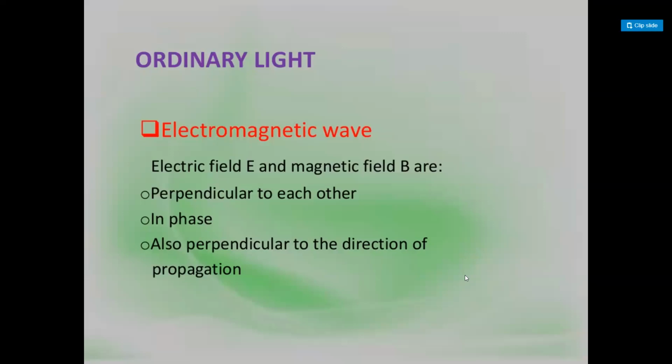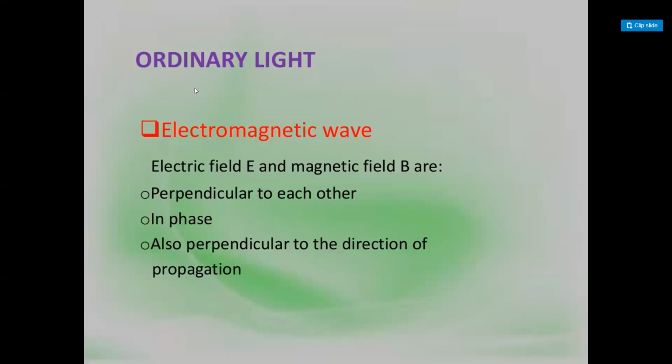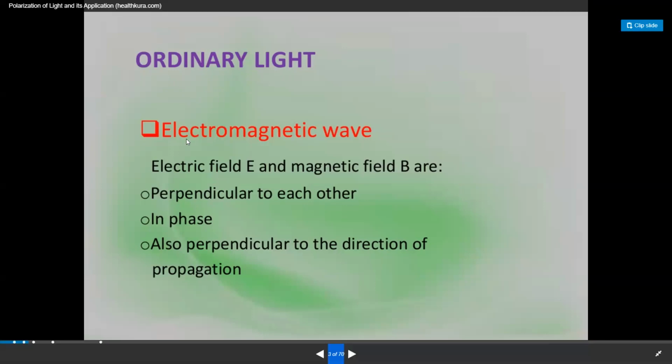Let us recall the entire chapter, polarization. The first one is ordinary light. Ordinary light means a general sodium bulb, tube light, etc. Light is a form of electromagnetic wave.